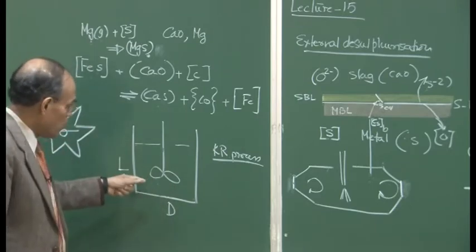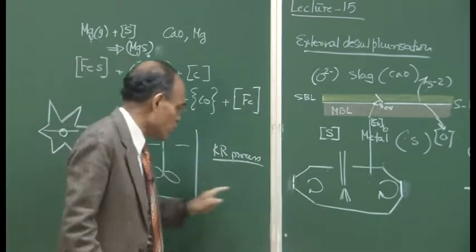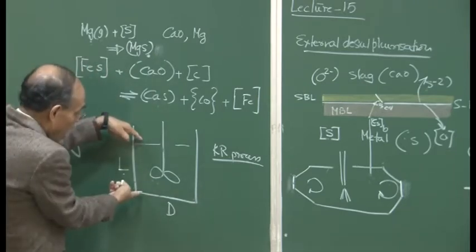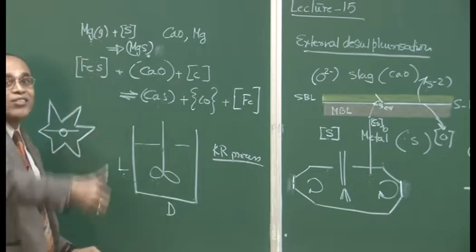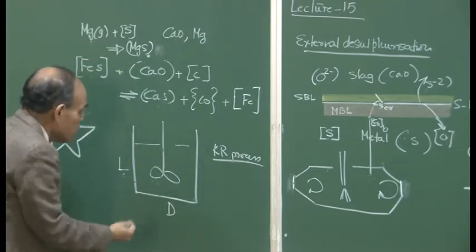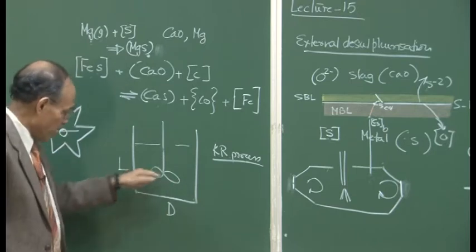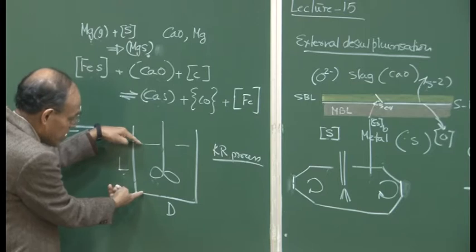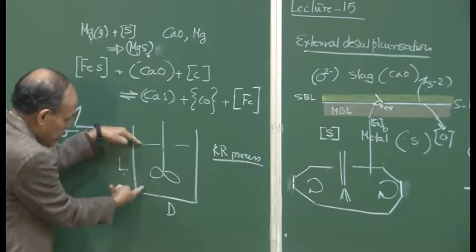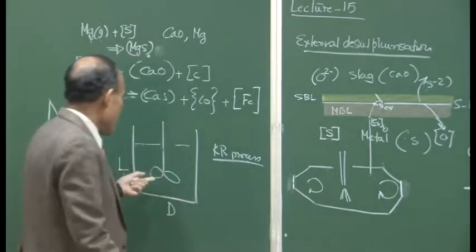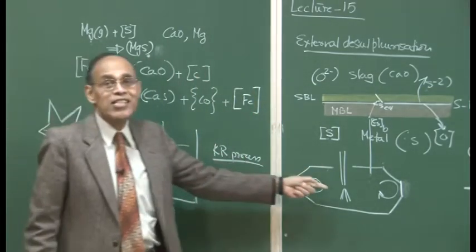If you are using gas stirring, you can take advantage of the higher depth of the bath, because the potential energy of the gas supplied from the bottom is dictated by the depth of liquid in the system, and the depth here is going to be much smaller. So, the potential energy input rate per unit mass of the liquid is going to be larger. Hydrodynamically and thermally, this is more efficient.